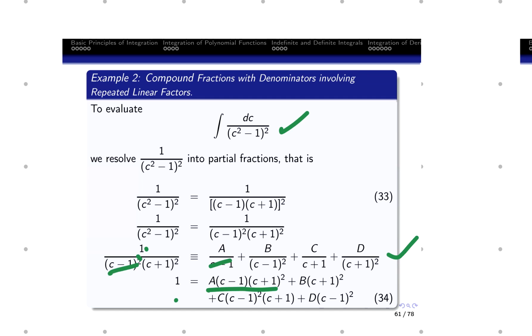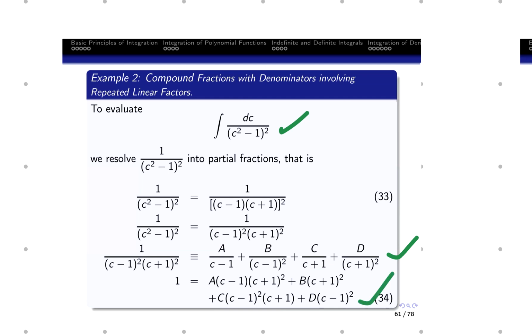Talking about c plus 1, c plus 1 cancels one of these, that's why you have C into (c minus 1) squared (c plus 1), because one of the c plus 1 is gone. And then if you have (c plus 1) squared, all of this is gone, so you have D into (c minus 1) squared left. So we've tidied it up that way. And the next thing, we can go ahead to do cover up, like we did before. So if you look at the cover up, see what is going to happen.